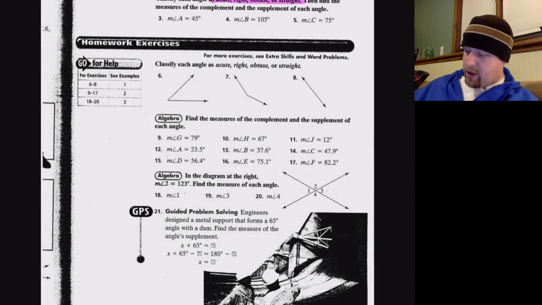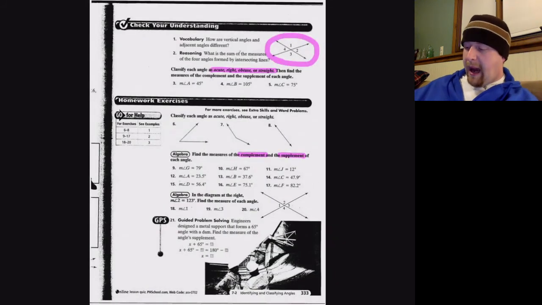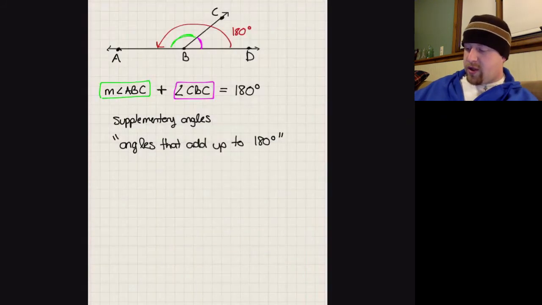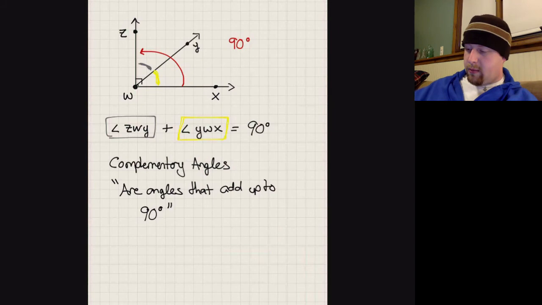They definitely want you to work with complements and supplements, where with complements you're trying to find two angles that add up to 90, and with supplements, two angles that add up to 180. These are some of the problems you're going to have to do on your assignment for Monday. I want to go ahead and work through just 2 examples with you here, okay?